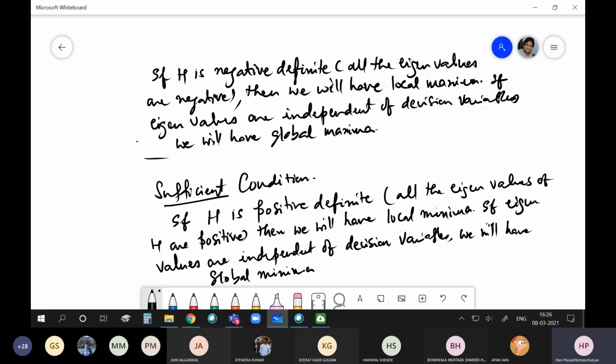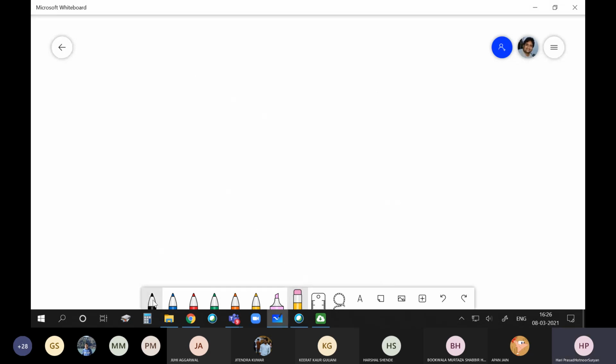Okay, so now let us take a simple example and try to solve it so that you also will have hands-on experience of solving this. I give you a simple function. Just try to solve this.